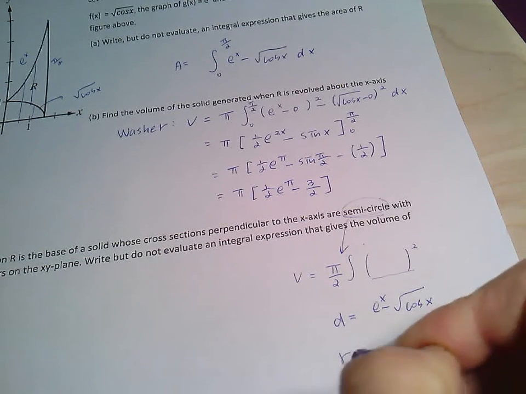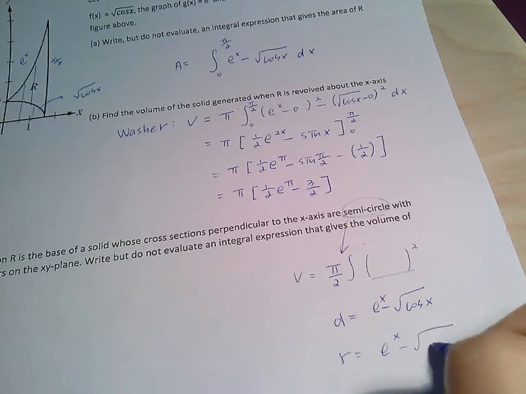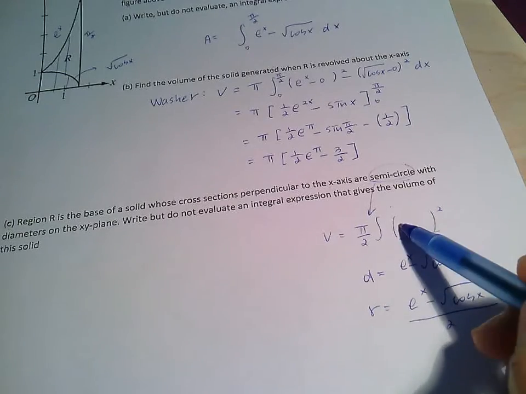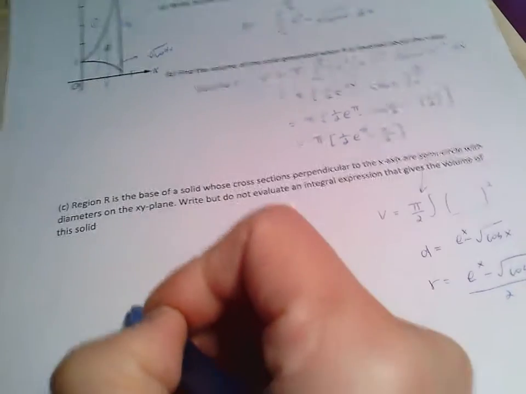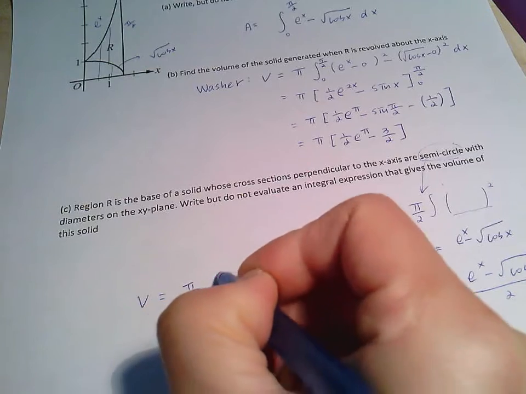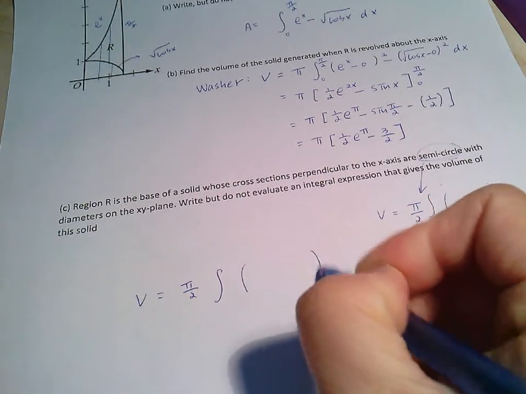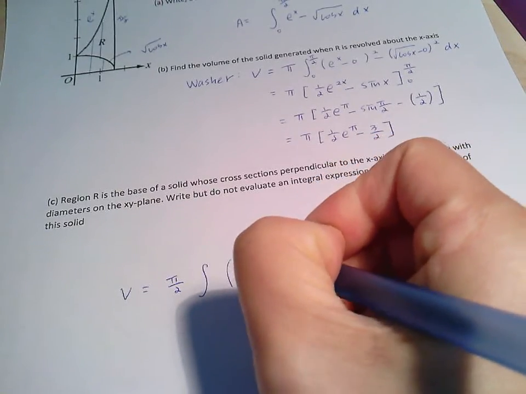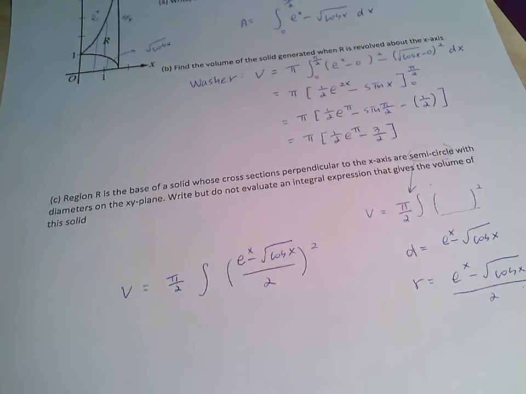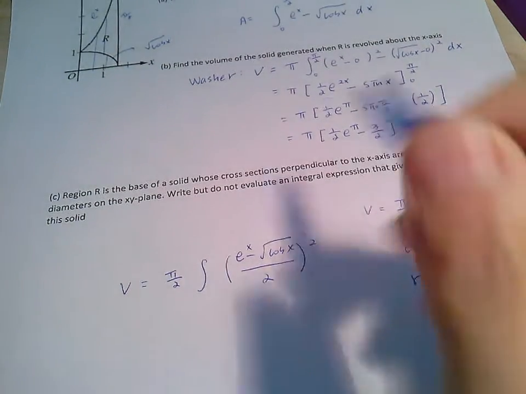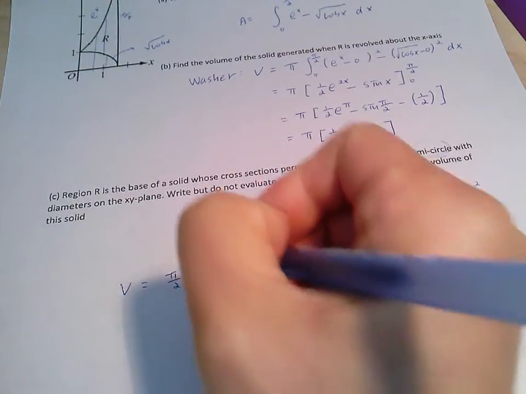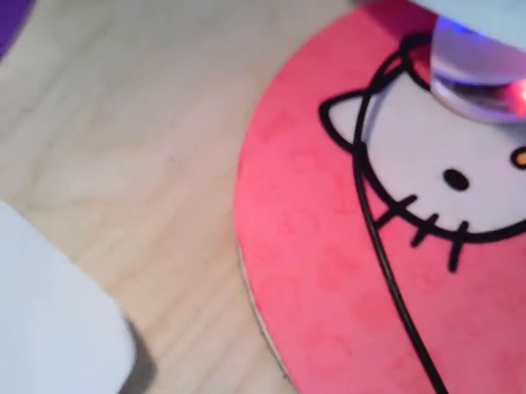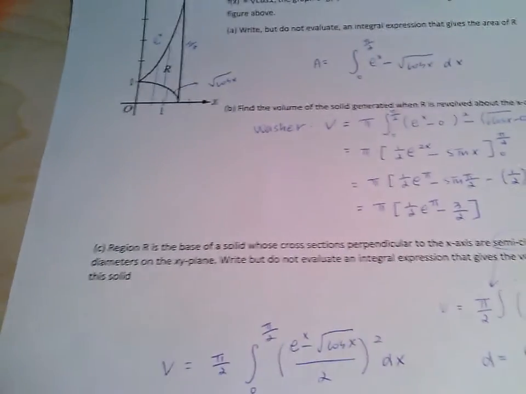But we need a radius, so e to the x minus root of cosine x, divided by 2. That's the radius. Then you plug in. So the cross-section volume is pi over 2 times the integral of the radius squared: e to the x minus root of cosine x, over 2, squared, top minus bottom in terms of x, bounded from 0 to pi over 2. So that's the volume of the cross section.